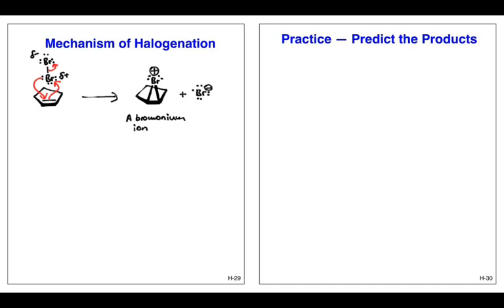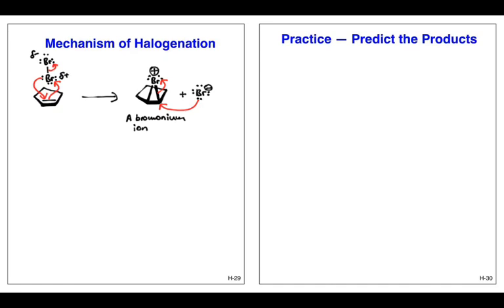Of course, the other thing we form in the reaction is Br minus. So now the Br minus is able to attack the bromonium ion from the backside. This is basically just an SN2 reaction where the positively charged bromine is the leaving group, and of course it's a great leaving group.